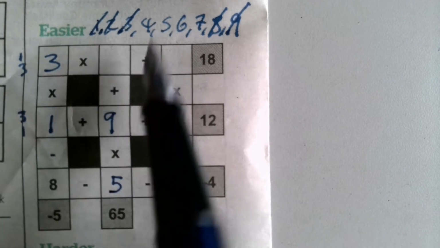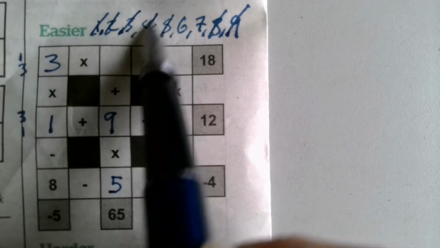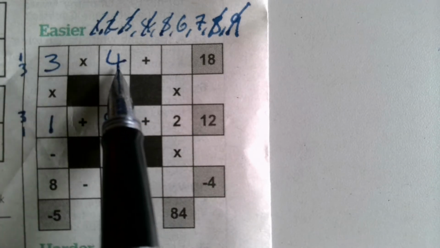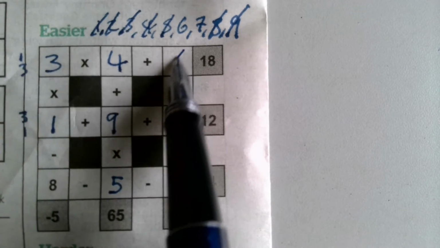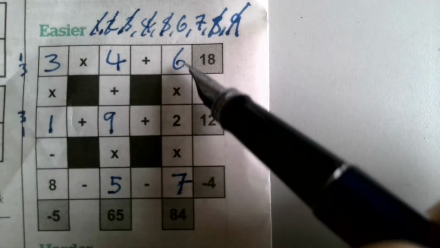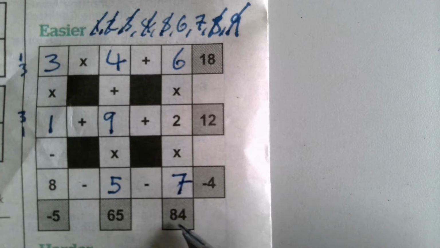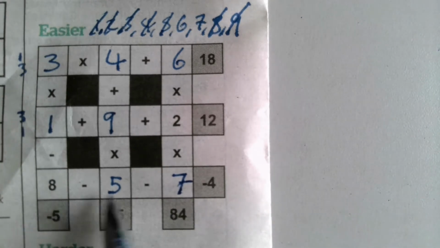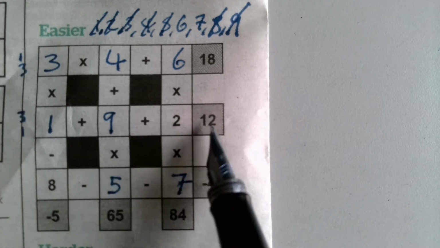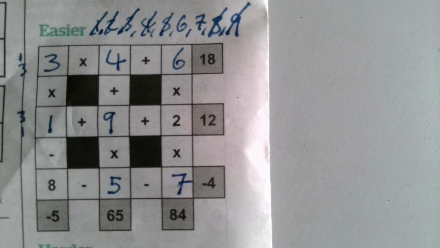We're going to be multiplying by 5. 9 plus 4 is 13. 3 times 4 is 12. 12 plus 6 is 18, which means this must be the 7. Just checking: 12 times 7 is 84. 8 take 5 is 3. 3 take 7 is -4. They add up to 12. I know that already. Yeah, I reckon we've done that, folks.